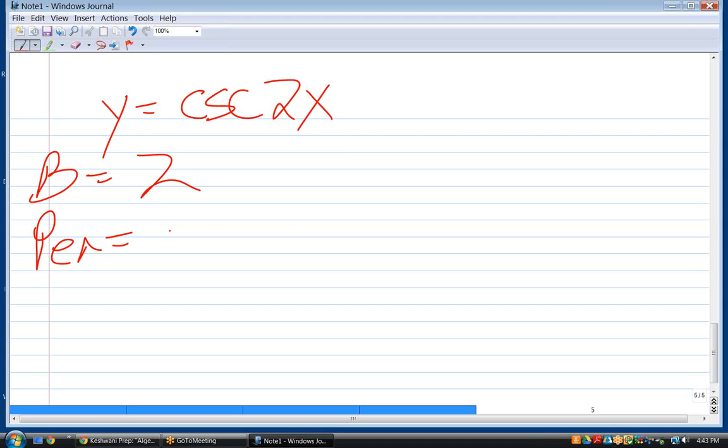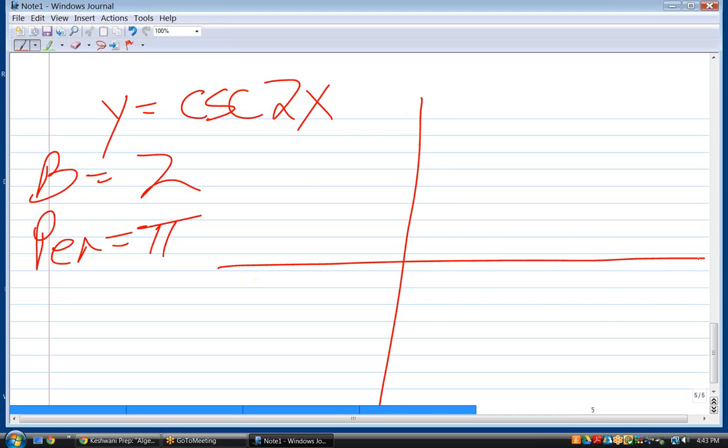Cosecant's, what's the natural period of cosecant? Oh, will that be 2 pi then? Uh-huh. Everything's 2 pi except tangent and cotangent. Both of those are pi. All the other 4 are 2 pi. So this would be 2 pi divided by 2, or pi.